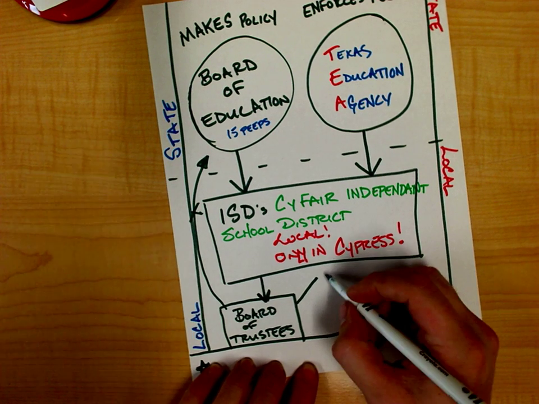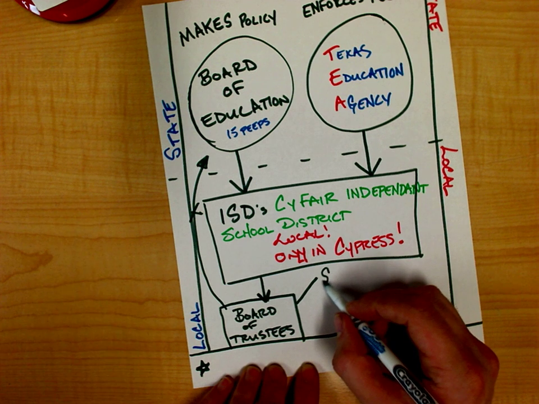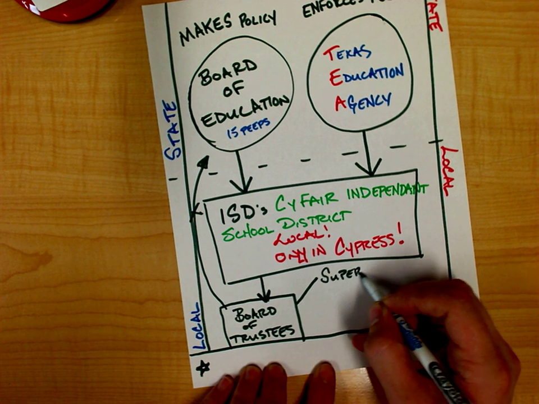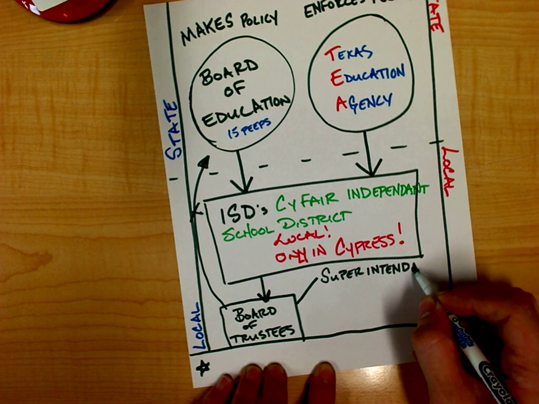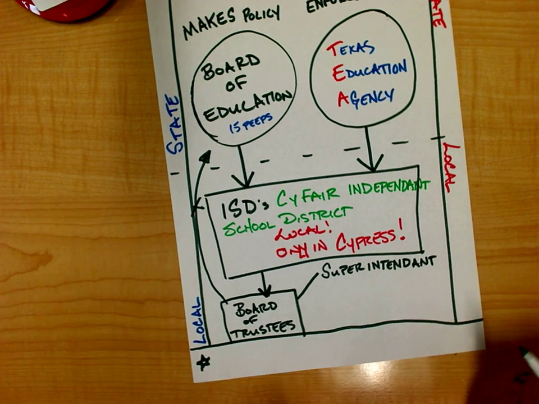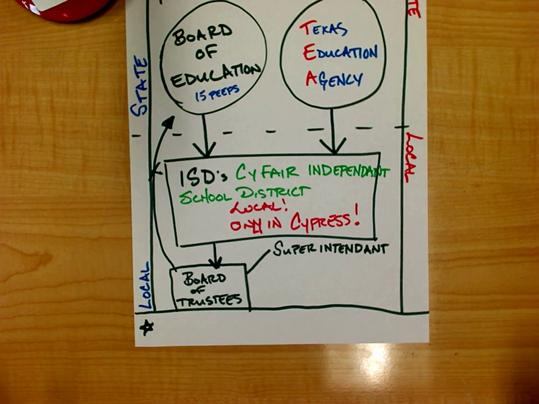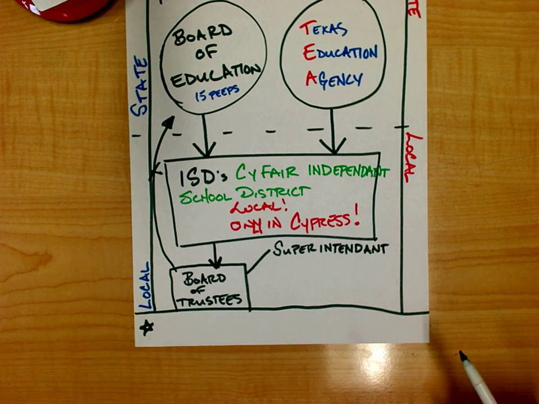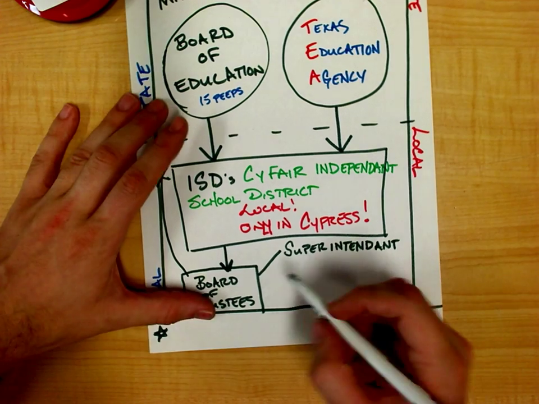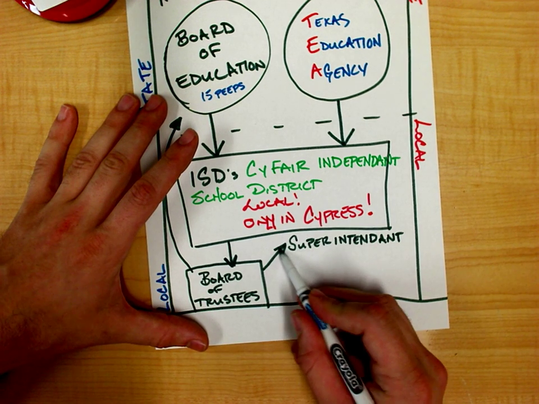They're the ones who appoint the superintendent. And this guy's kind of like the principal for principals. He's the one who takes care of all of the administration. He's kind of almost like the executive, whereas the Board of Trustees is almost like the legislative branch. So they appoint the superintendent.